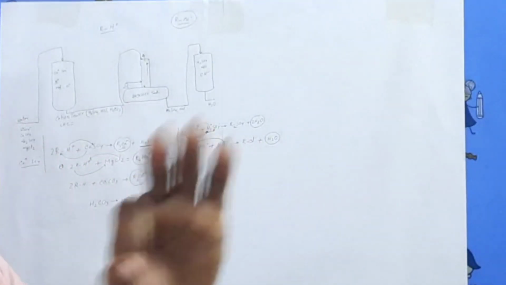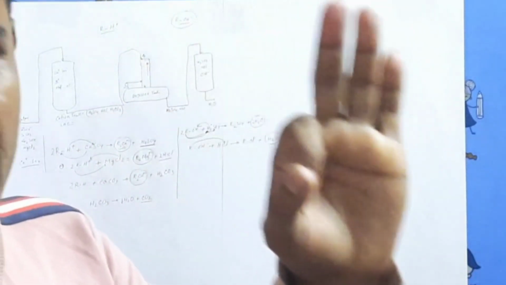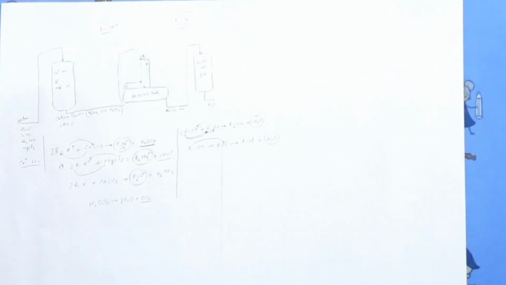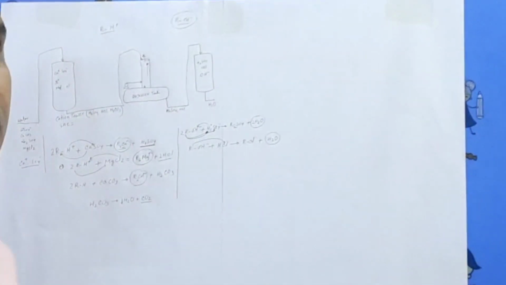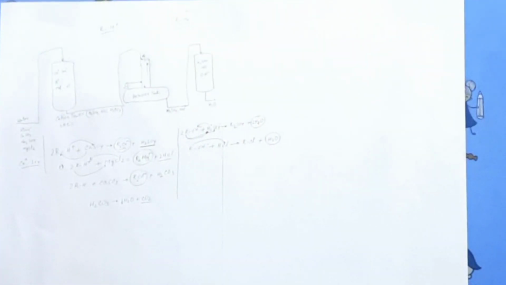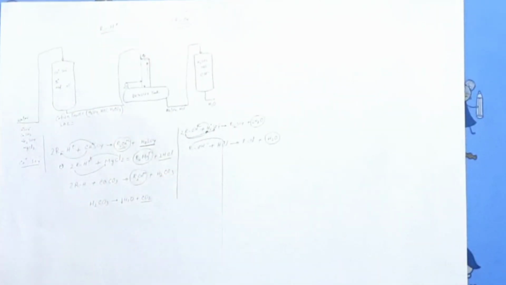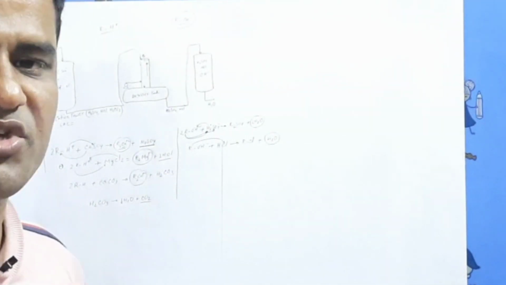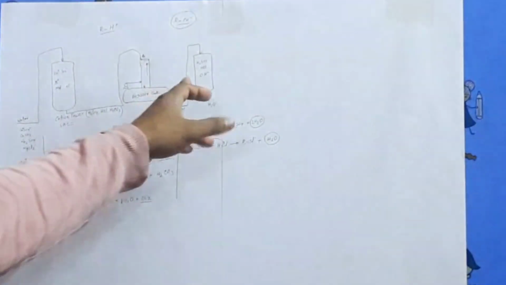From the previous class, most of the hardness is removed by the cation tower, degasifier and anion tower. But it is still possible for a small quantity of positive and negative ions, a small quantity of hardness, to remain.